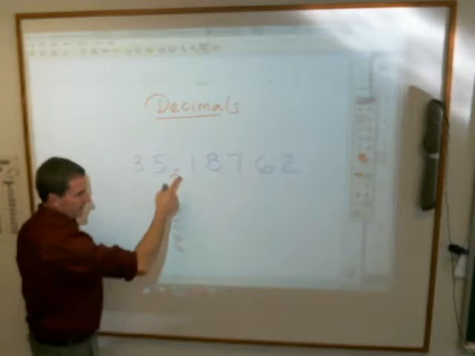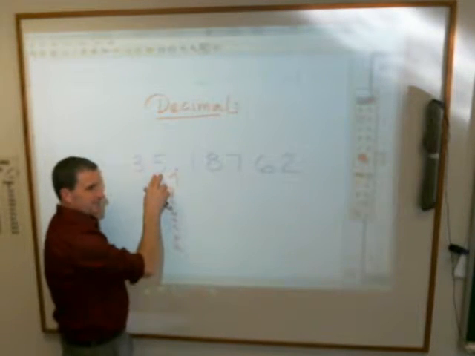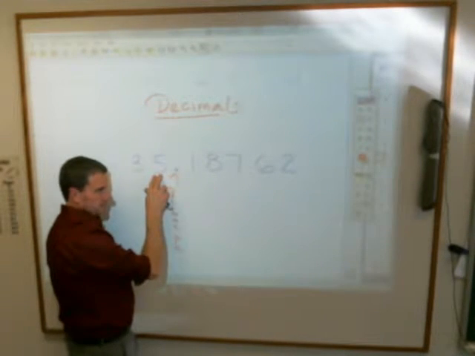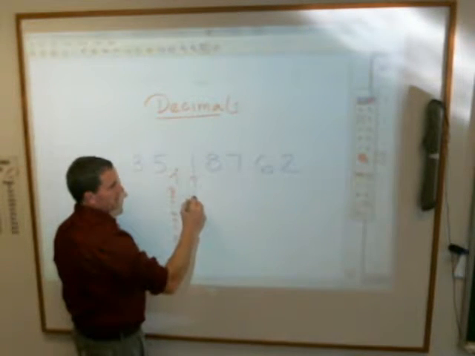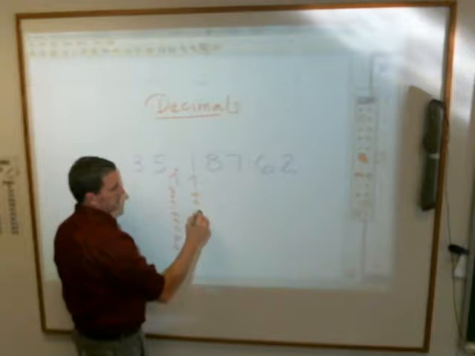Well, this kind of works backwards, in the sense that when you divide by 10, you're going to get one of those if you get 1 divided by 10. That's why this is called the tenths place, with the TH.